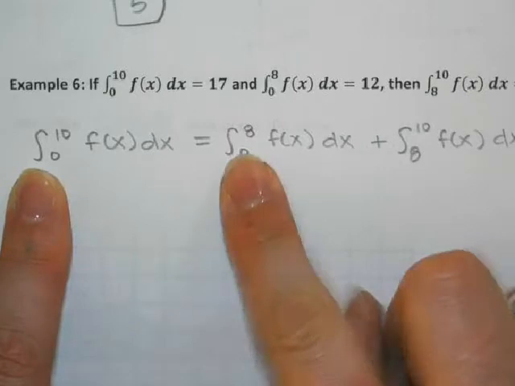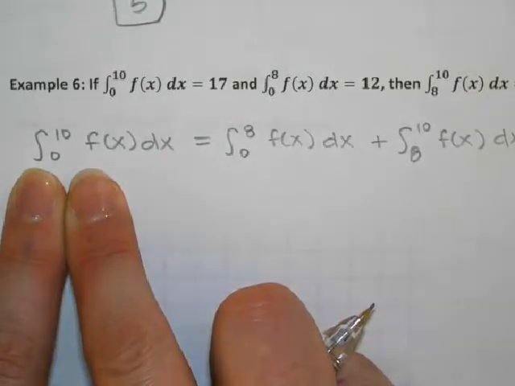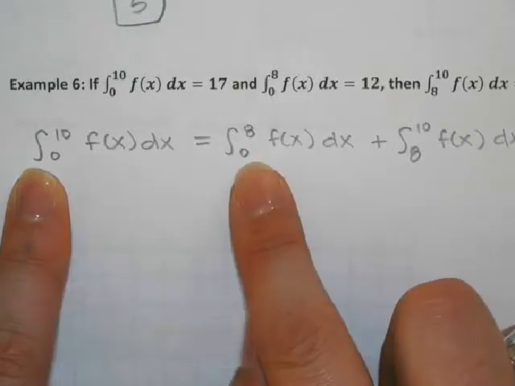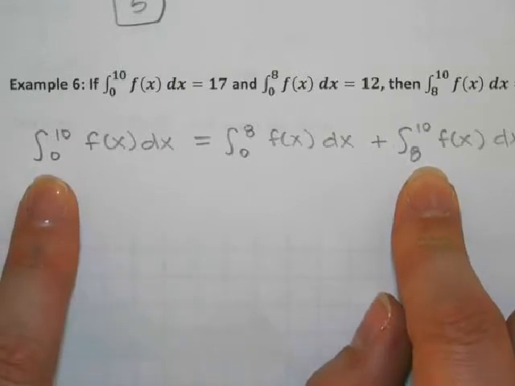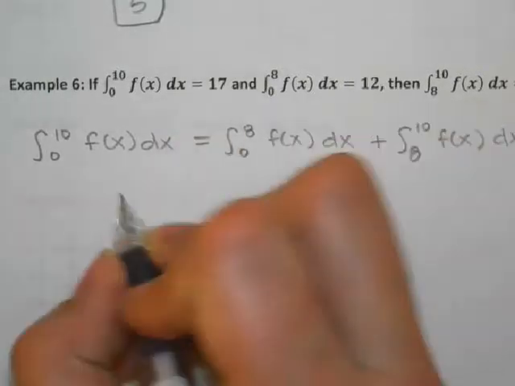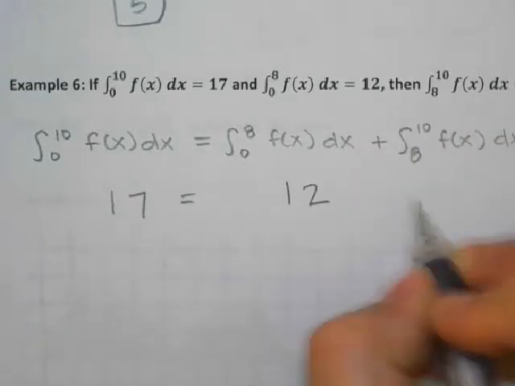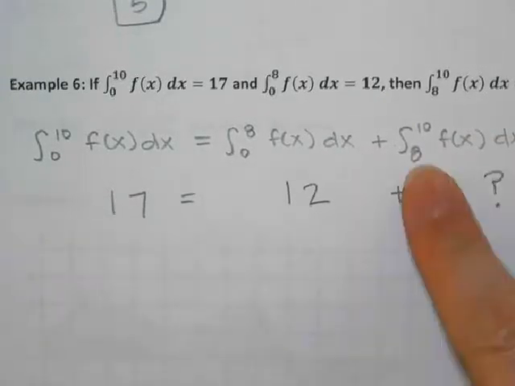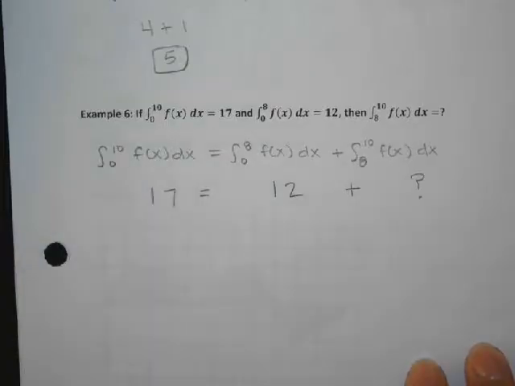So 0 to 8 plus 8 to 10 would give us the whole thing from 0 to 10. That's what the last property says. So if we know that 0 to 10 is 17 and 0 to 8 is 12, then 8 to 10 must have been 5. Yeah.